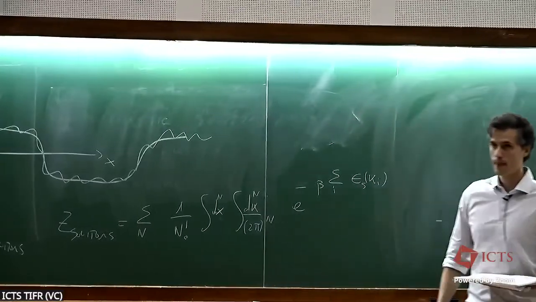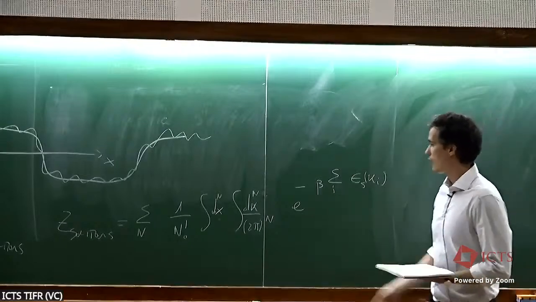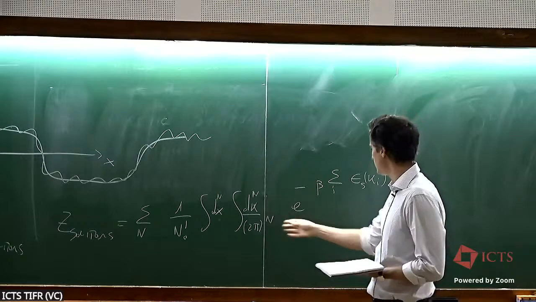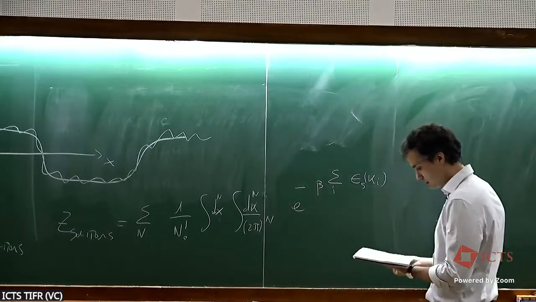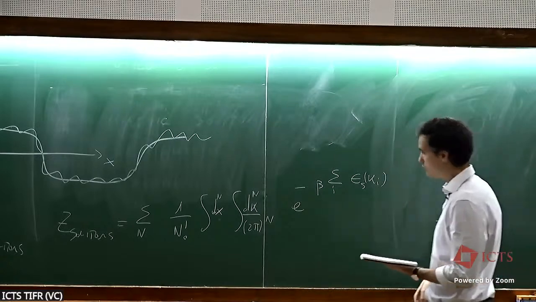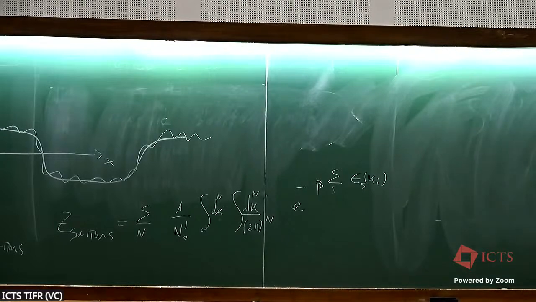Okay? If the solitons are very far from each other, I can just factorize the energy. Now, again, this starts to be a bit complicated. You can factorize the integrals, you could try to do it, but it's not the smartest way to do so. Okay, what we want to do now is to introduce a counting function for the density of solitons.